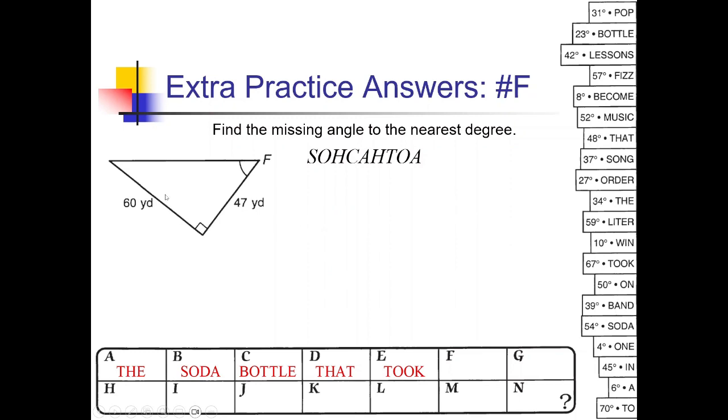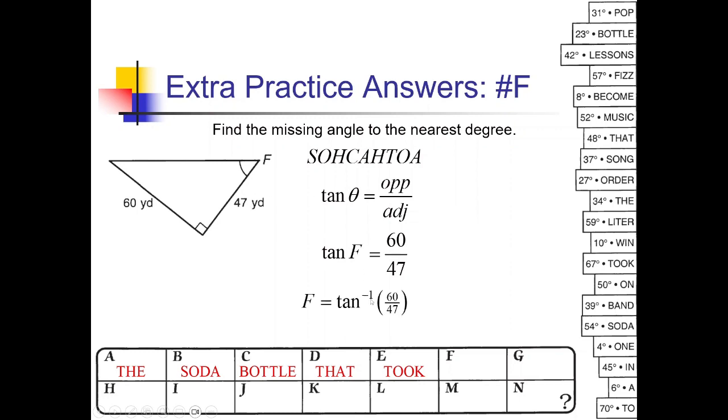For this problem now, F is all the way over here, so they really are wildly changing the position of the angles now. Based off of that, we have the side across from it, the opposite side. We also have the non-hypotenuse part of it, the adjacent side. So that's going to be TOA. Tan equals opposite over adjacent. So we have tan of F equaling opposite side 60 over adjacent 47.